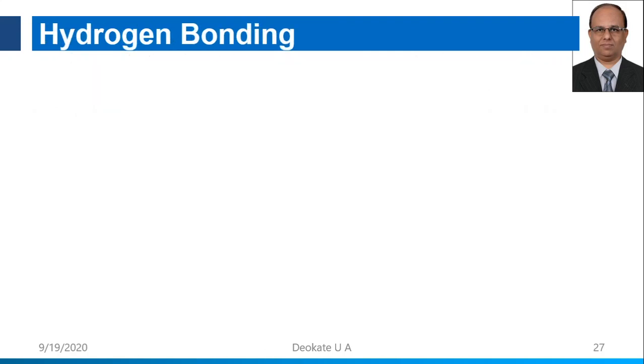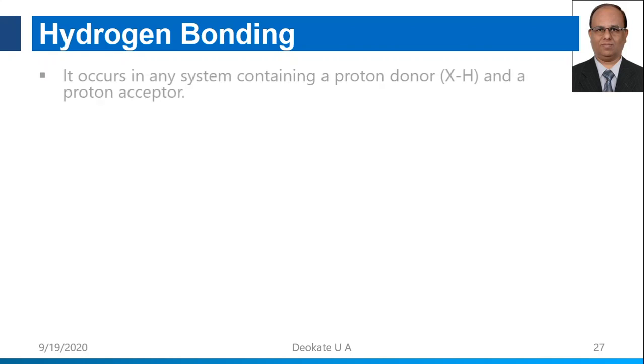Now we'll go towards the last factor which affects the vibrational frequency, that is known as hydrogen bonding. Okay, so hydrogen bonding will also shift the position of an IR peak towards the higher side or towards the lower side. It occurs in any system containing a proton donor and a proton acceptor.